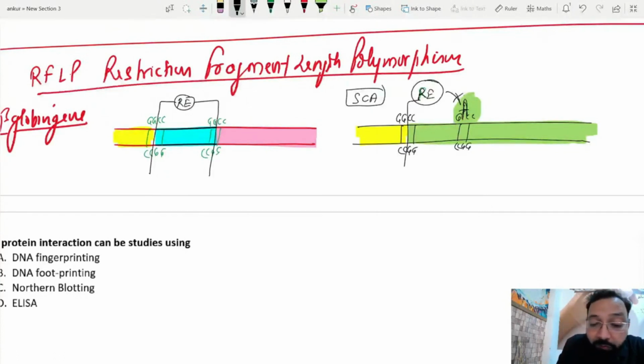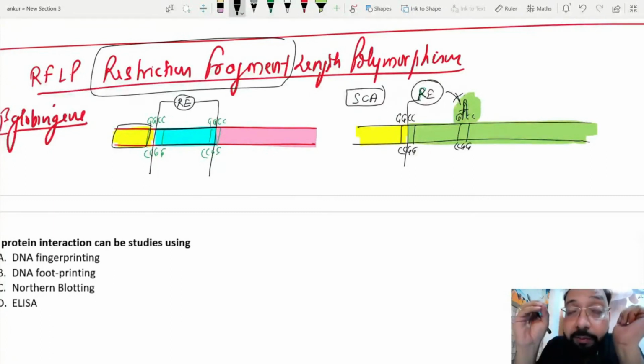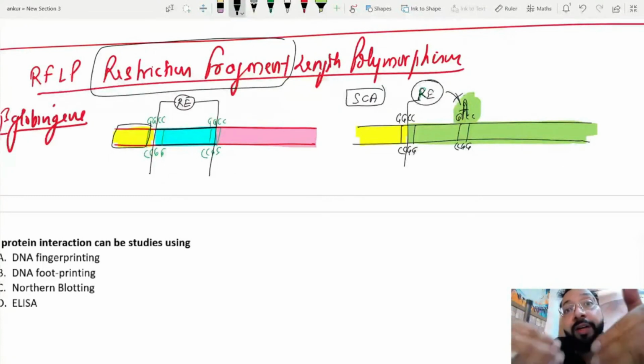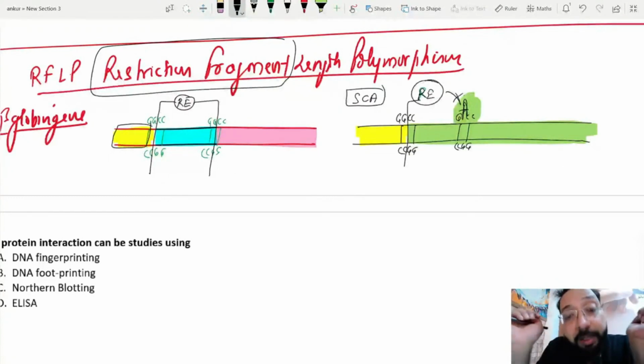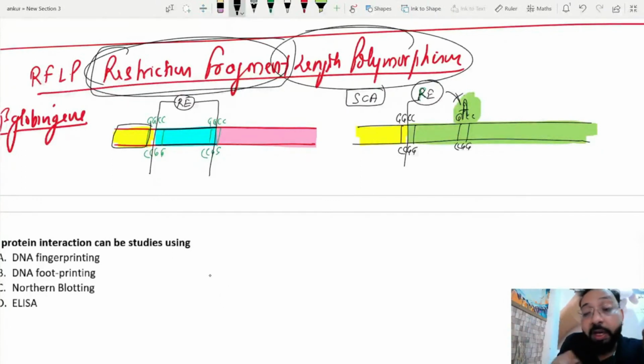These fragments which are produced are called restriction fragments. Means on any gene, if restriction endonuclease acts and produces fragments, those are called restriction fragments. In the normal beta globin gene, three fragments are produced. In sickle cell anemia, only two fragments are produced, and their length is changing. That's why the name of the technique is restriction fragment length polymorphism.